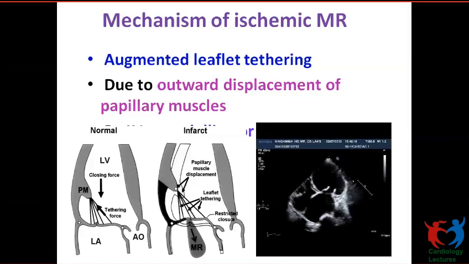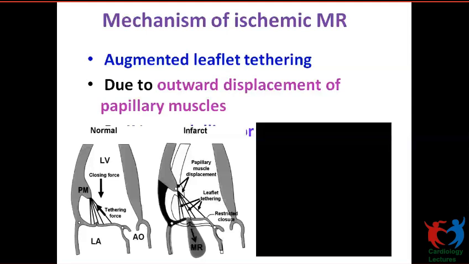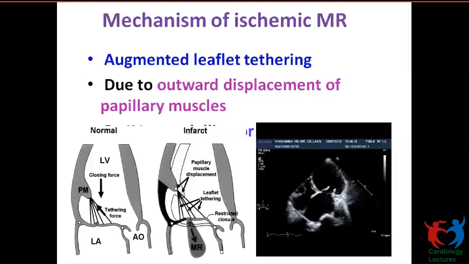I think nowadays replacement is preferred because the recurrence after repair is more common. Chordal sparing replacement. No? No, repair in ischemic MR, recurrence is more. I don't know whether the guideline has changed recently, but it was mitral valve replacement.